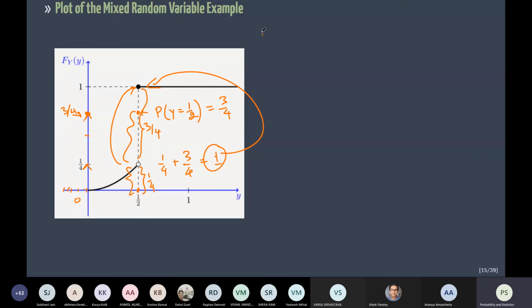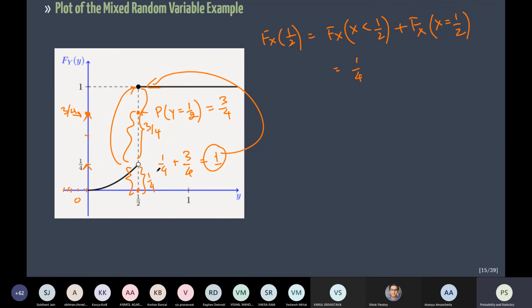So F_X at half, I can write this as F_X of X less than half plus, because this is not continuous, I have to do this part by part, X equals to half. So F_X less than half was 1/4.